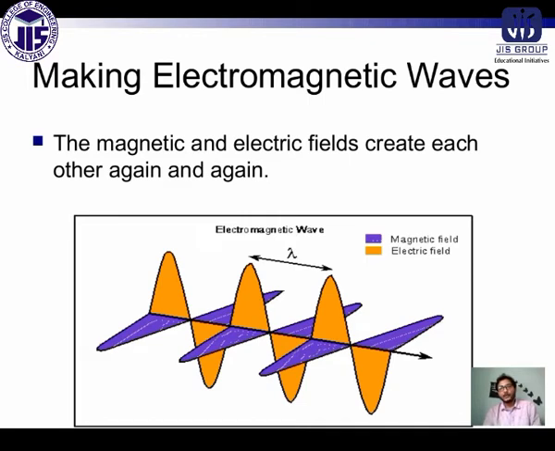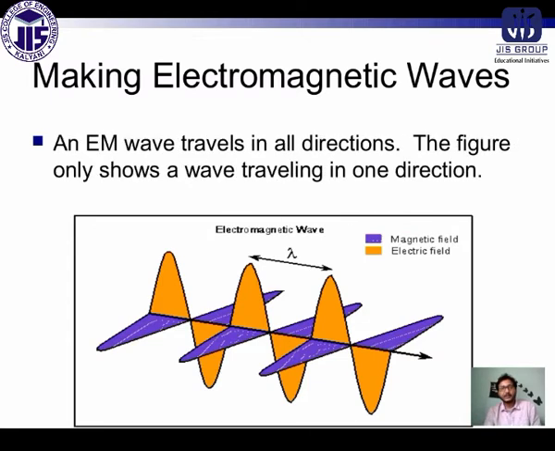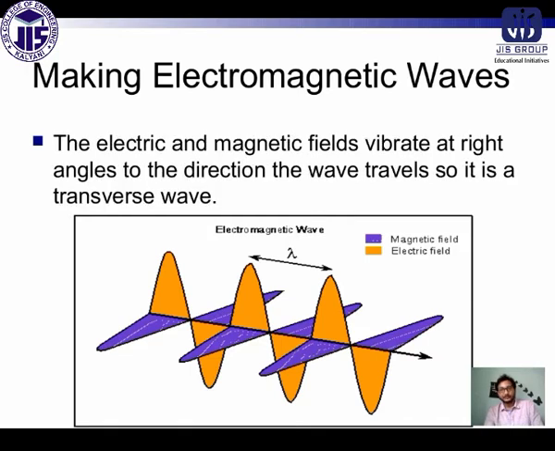One electric field creates a magnetic field, which again creates an electric field, and this happens continuously. As a result EM waves travel in all directions, and the figure shows a wave traveling in one direction as an example, and similarly they can travel in any direction.